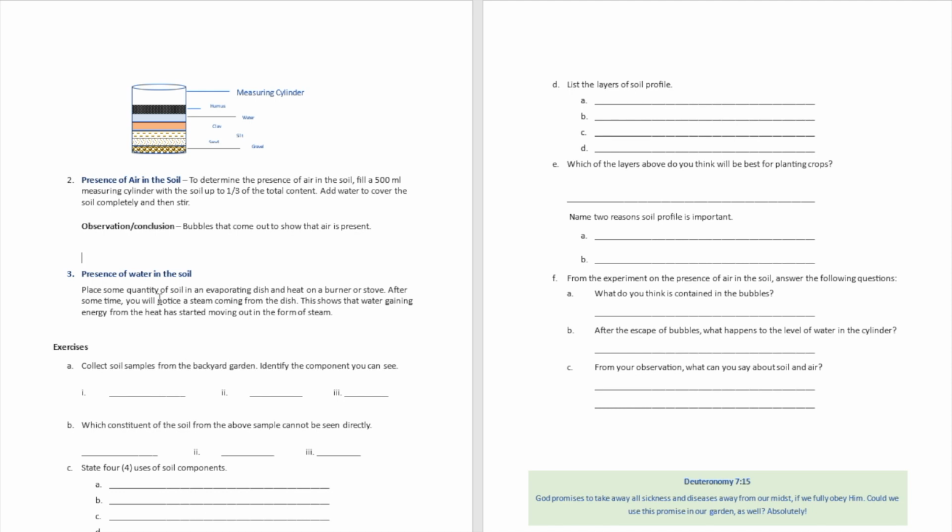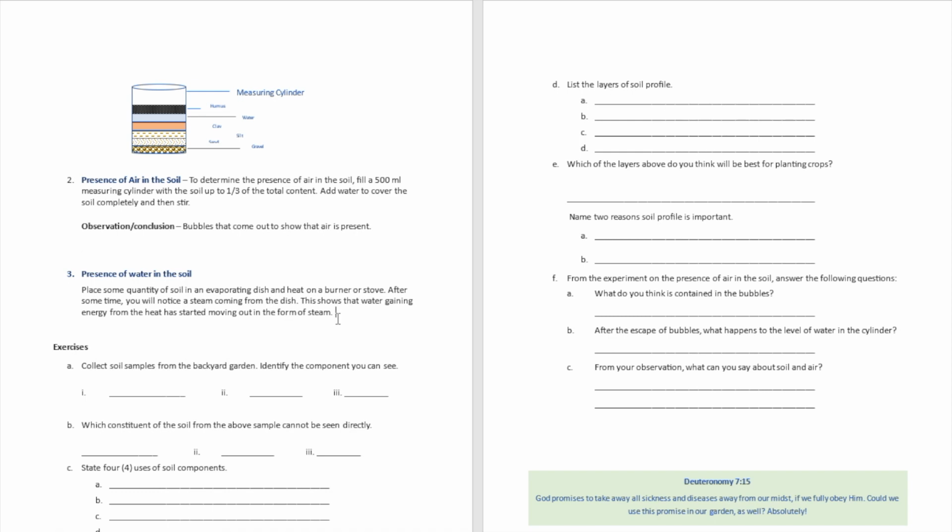If you place some quantity of water in an evaporating dish and heat it on a burner or stove, after some time you will notice steam coming from the dish. This shows that water, gaining energy from the heat, has started moving out in the form of steam.